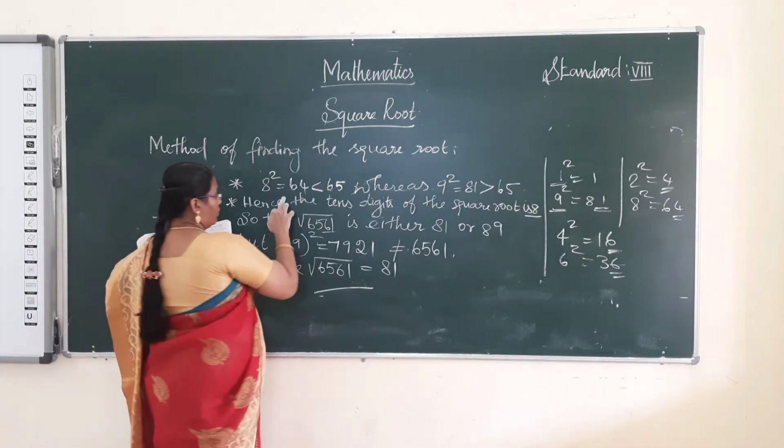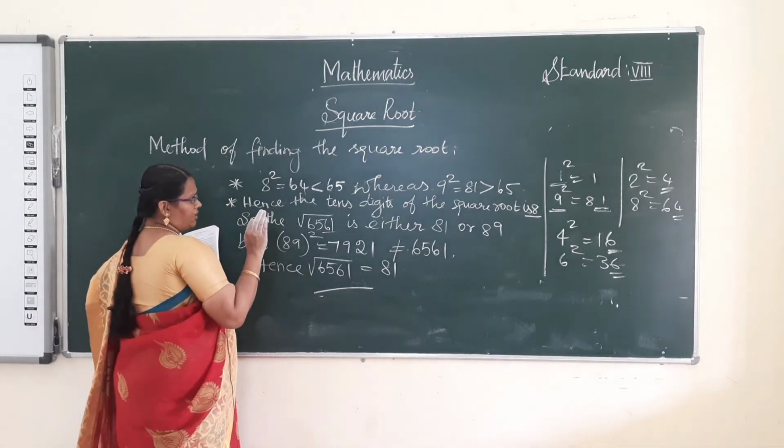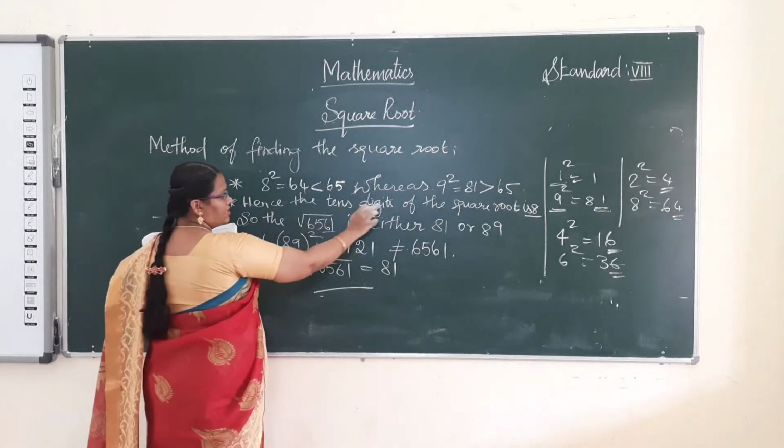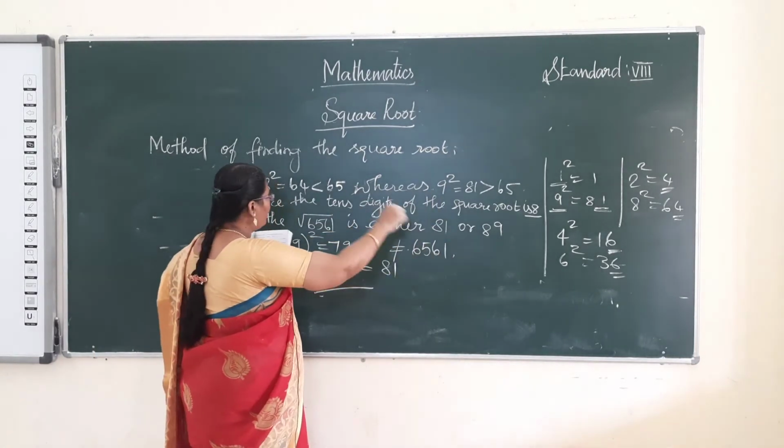So the tens digit of the square root can only be 8.